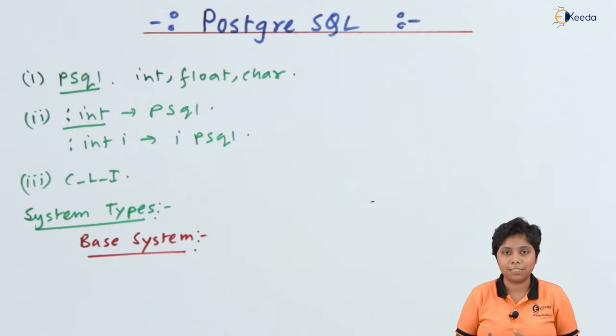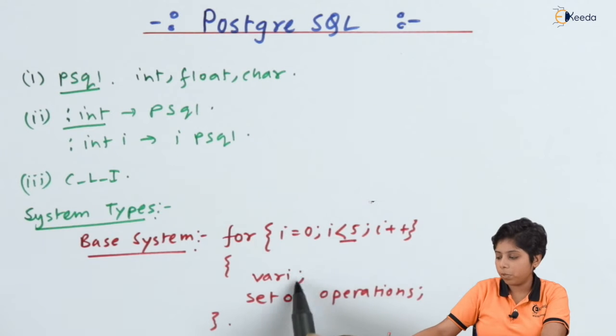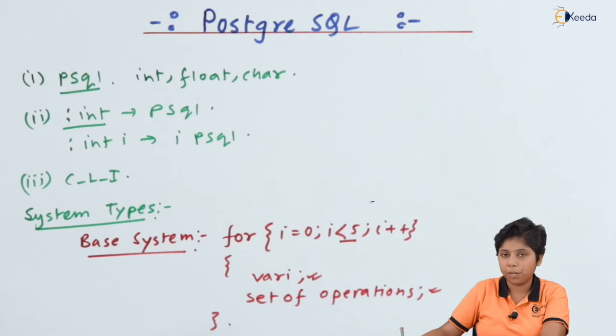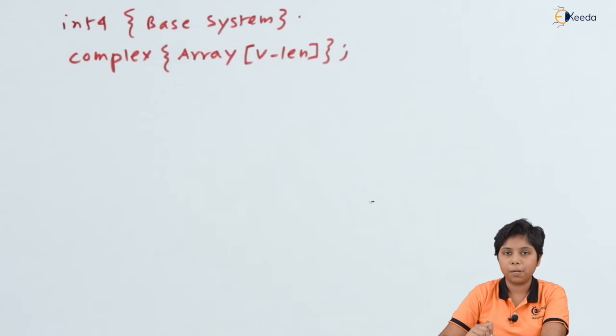Inside the base systems, the variables and the set of operations are encapsulated together, which we can use to design other base systems and also complex systems. Examples of these base systems are int4 and complex. The complex type has other base systems combined to build it. So in arrays like vlength, we can have a variable length array in this complex system.